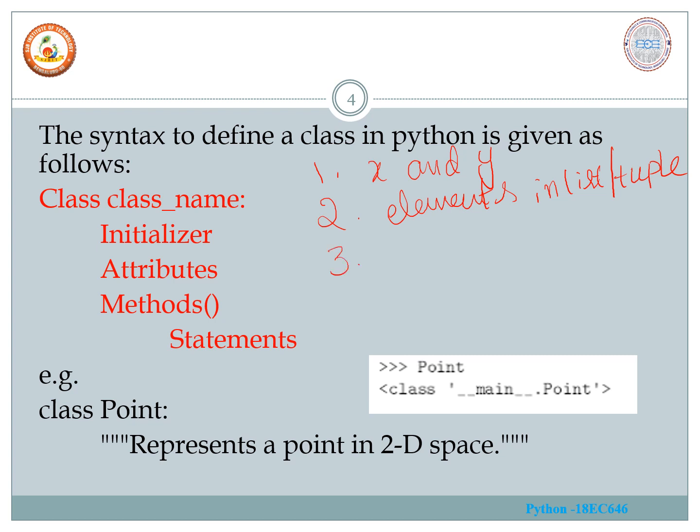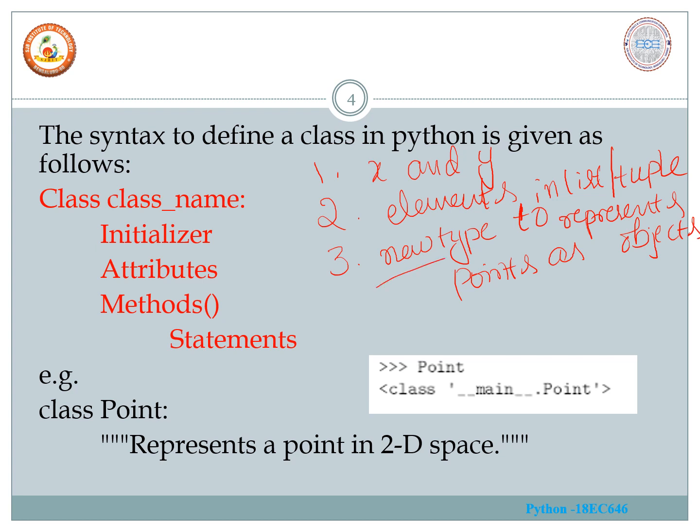And we also could create a new type to represent the points as objects. That means we can create a new type, and creating a new type is a complicated job, and it has some advantages as well that we will discuss in the coming topics.